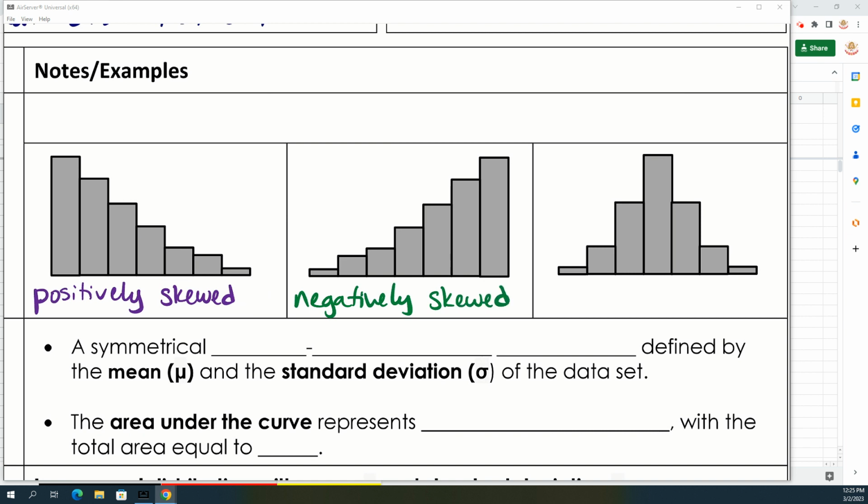Right, and then the third one is not skewed at all. So there's the most items in the middle, and then it kind of goes down. That is called normal distribution.